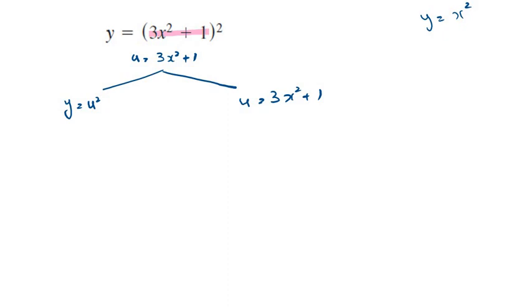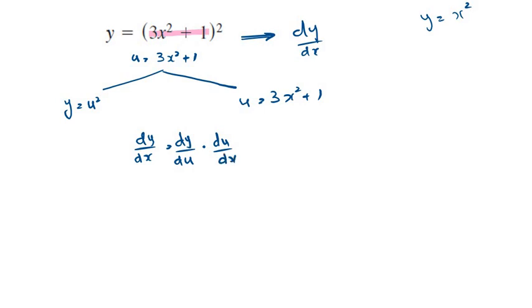And here we are asked to find the derivative, so we are asked to find dy over dx. dy over dx can be written as dy over du times du over dx.